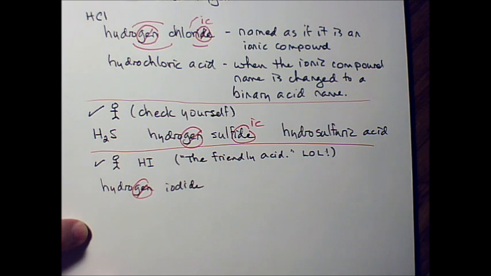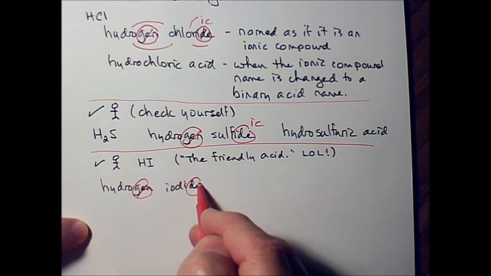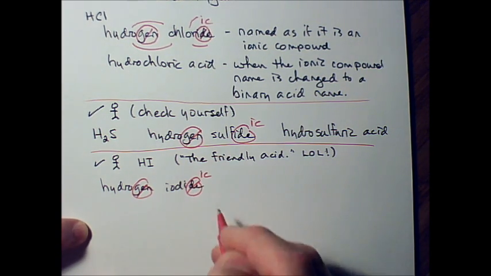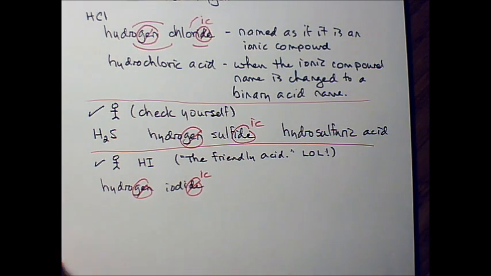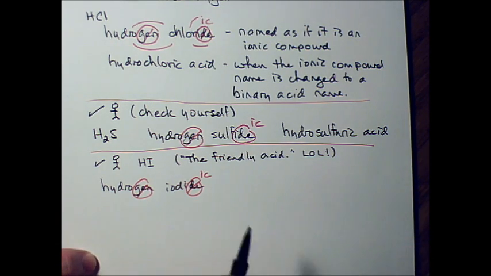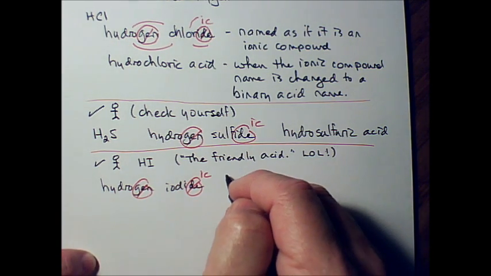Jacob, what's the next thing I'm going to do to name this like a binary acid? Take off an IDE. And do what with it? Okay. And so, Frederick, tell me how to put it all together now. Yep, hydroiodic acid.